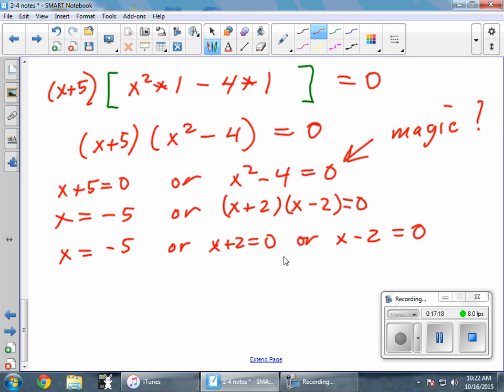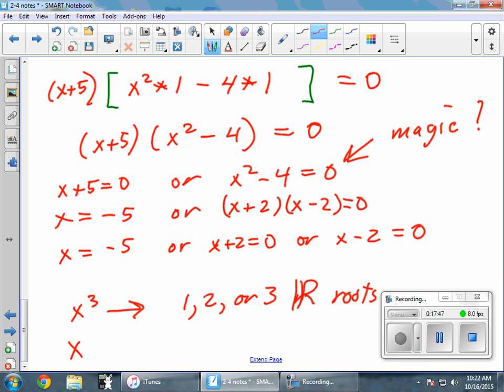Because remember, if you have a third degree polynomial, what are the possible number of real roots? 1, not 0, 1, 2, or 3 real roots. In this case, we got 2, negative 2, and negative 5.